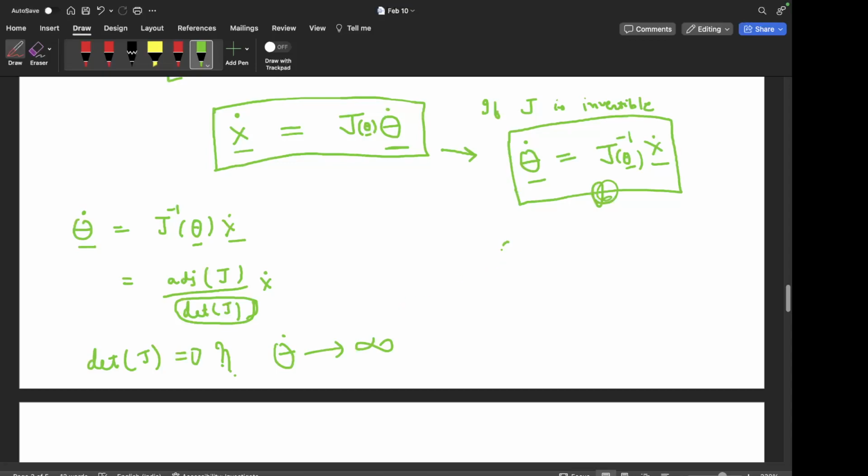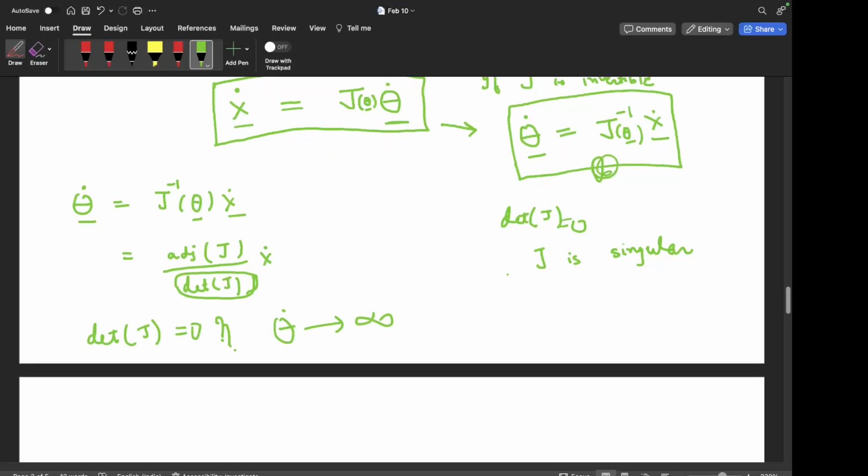And if a matrix determinant is 0, then what do we call it? That J is singular. A square matrix whose determinant is 0, we call a singular matrix. And singular matrices force us to handle them very carefully.